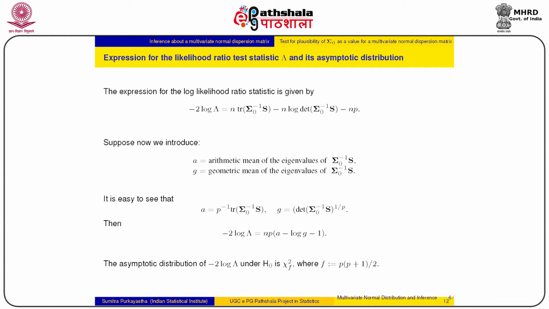And what is the asymptotic distribution? The asymptotic distribution of minus 2 log lambda under H naught, that is the null asymptotic distribution, is the chi-square distribution with f degrees of freedom, where f is equal to p times p plus 1 by 2. So we have been able to obtain the expression for the log likelihood ratio statistic for this problem, where we are testing sigma is equal to sigma naught based on n IID observations from a multivariate normal distribution with unknown mean and at least p plus 1 many observations.